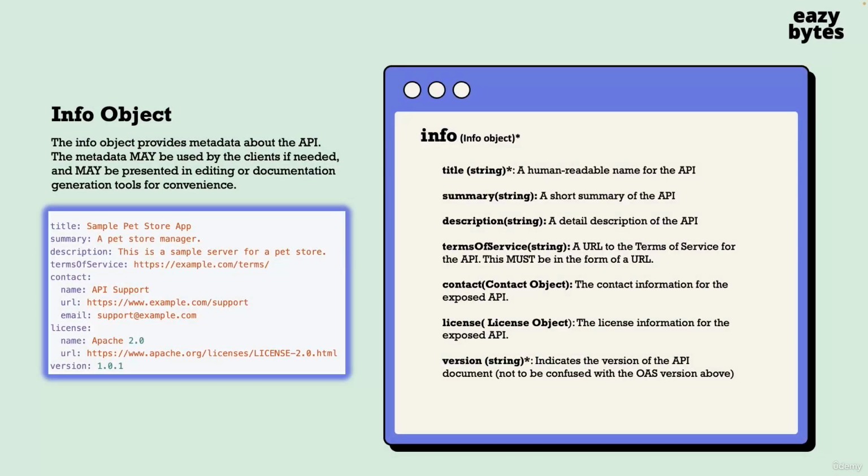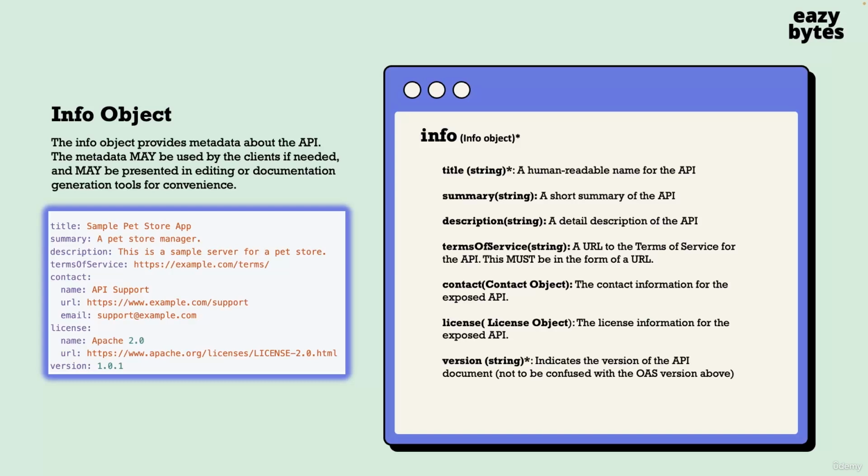You can see here that an info object provides metadata about your API. This metadata information can be leveraged by consumers to understand more details about the APIs that you are going to expose. On the right hand side, I have mentioned all the fields that we can write inside the info object.